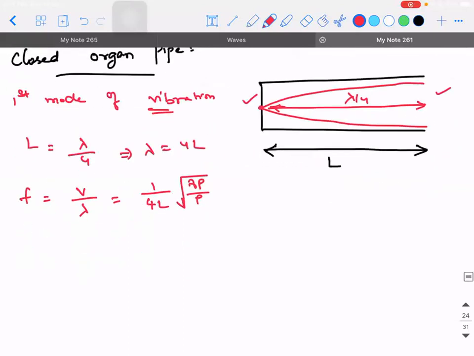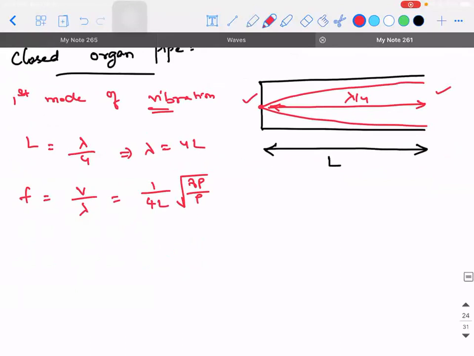So what will be the name of this frequency? It's called F1. This is called the fundamental frequency, or the first harmonic. I hope this point is clear. Right. Is it clear?